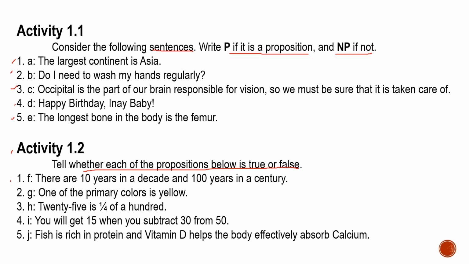So there are first, second, third, fourth, and fifth propositions in this activity 1.2. You can put all your answers in your Cattleya notebook and you can pass all your required outputs when the deadline is announced by your subject teacher.